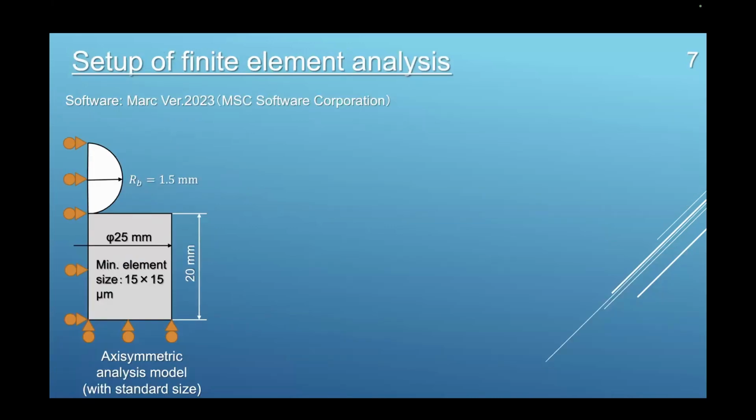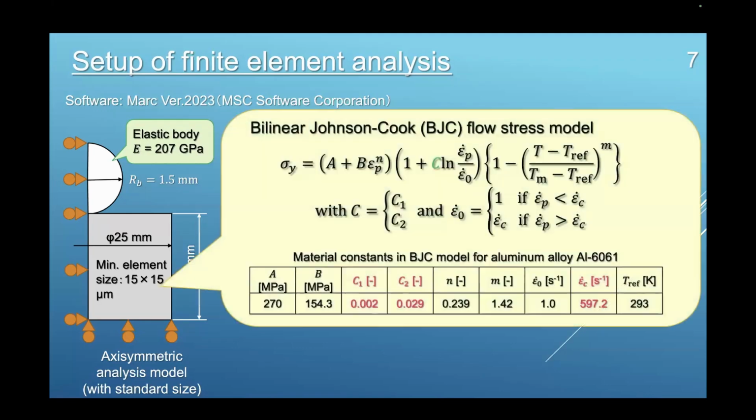In order to validate our method, we performed a finite element analysis. This figure shows the schematic of the analysis model. The ball was assumed to be an elastic body, and the specimen was assumed to be an elastoplastic body, obeying the bilinear Johnson-Cook flow stress model expressed as this equation.